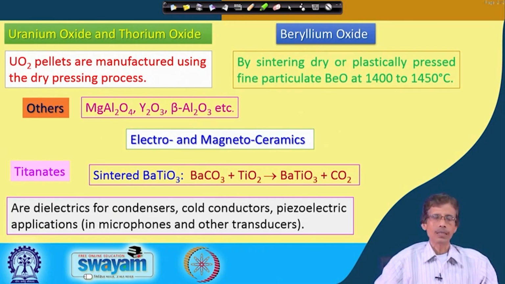These are oil based condensers, but if we use solid state condensers, we can go for the different titanates. Then cold conductors, then piezoelectric applications in microphones and other transducers. That means signal transducing can be done with the help of this particular material, which is nothing but your barium titanate. So, you see that different types of oxides we can have.